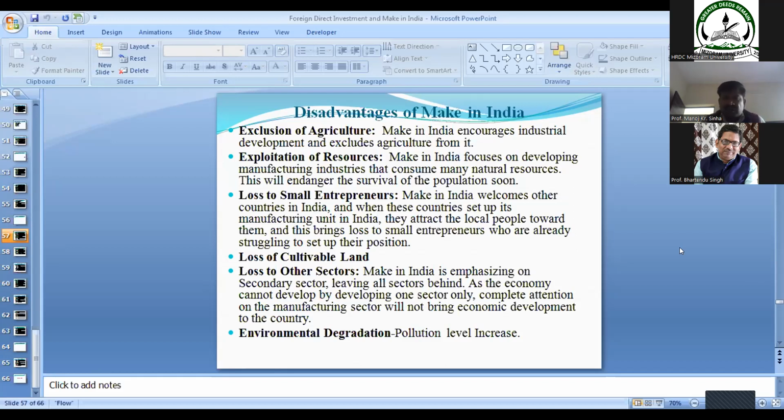Loss to the small entrepreneur: with the setting up of large manufacturing units, we will definitely lose small entrepreneurship.